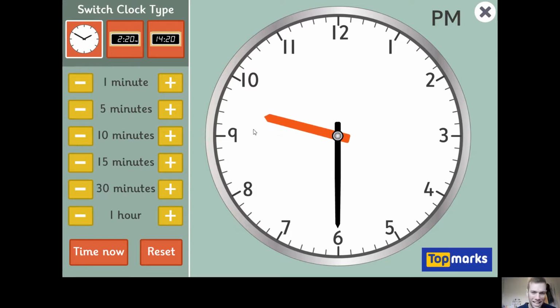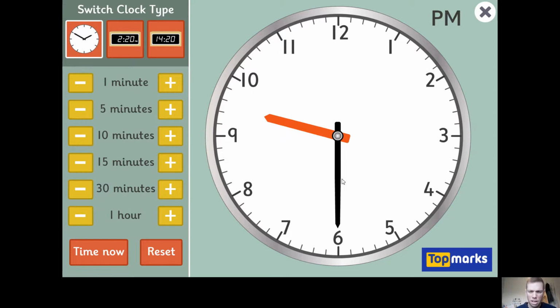Oh, I see. So this hour hand has now gone halfway in between 9 and 10. Now it's halfway, so it's not got to number 10 yet. So it's not 10 o'clock yet. We need to say it is 9 hours.